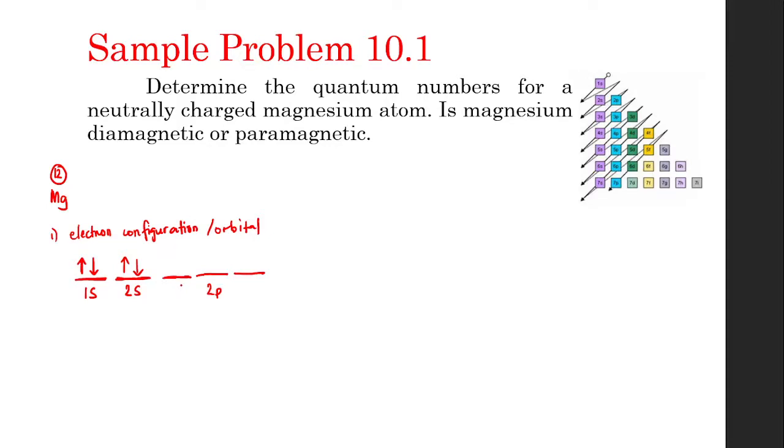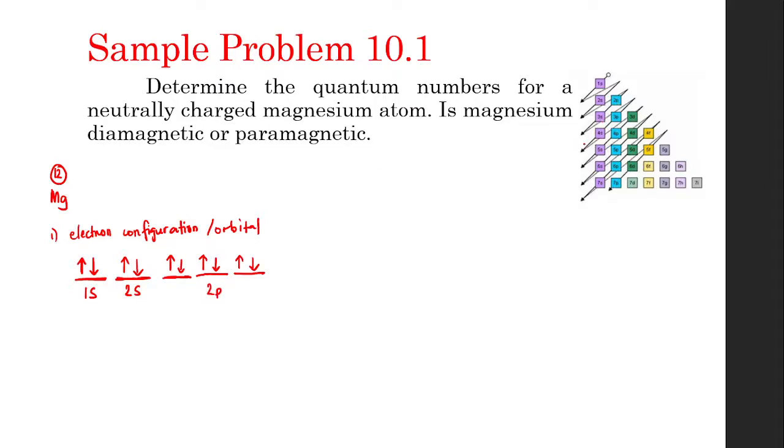According to Hund's rule, I have to first fill these orbitals with spin up. These arrows represent your electrons. So I have 1, 2, 3, 4, 5, 6, 7, 8, 9, 10. So I have 10 electrons so far, and I'm at 2p.